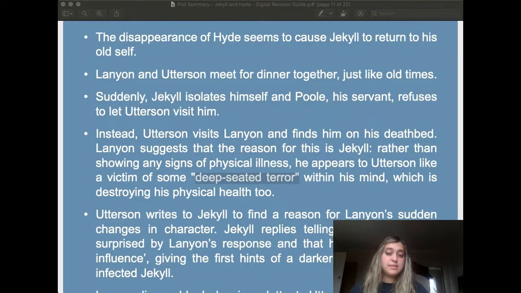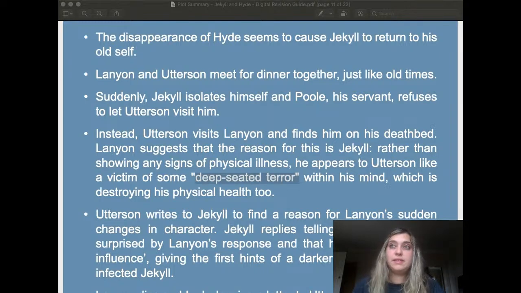Lanyon, on the other hand, is moral. He has a sense of morality. So when he and Jekyll start experimenting in this way, he gets physically sick from the immoral actions of what Jekyll's doing. The idea that Jekyll is basically going against God, going against nature.